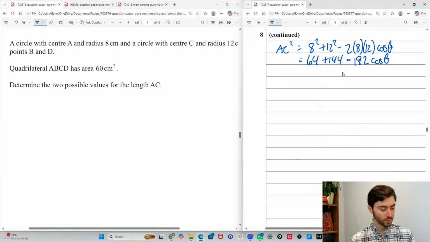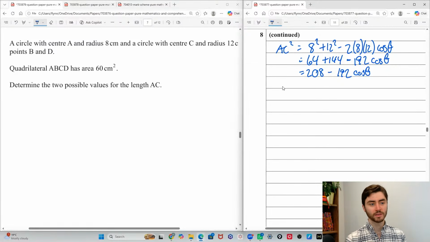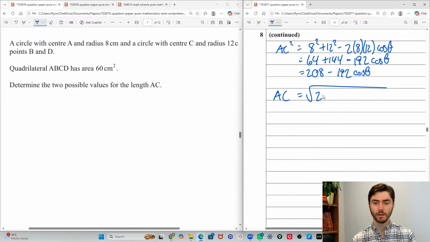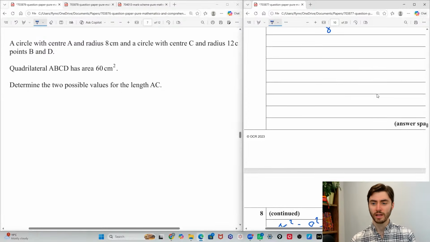So 64 and 144 gives me my 208 minus 192 cos theta. And AC is never going to be the negative square root because the length has to be positive. But it does mean that the cos theta can be plus or minus. So it's going to be the root of 208 minus 192 into plus or minus, what was it, root 39 over 8?